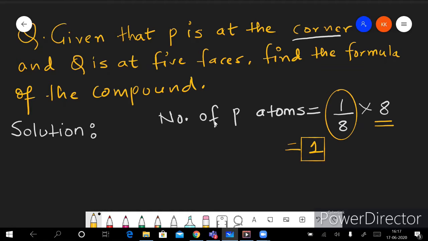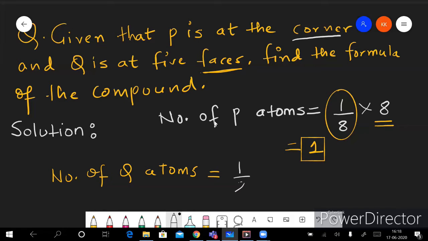In the same manner, we can also find out the number of Q atoms which are occupying 5 faces. So what will be the number of Q atoms now? It will be contribution at face 1 upon 2, because each face gets only 1 upon 2, that is half atom, into total number of faces which are occupied, in this case 5.